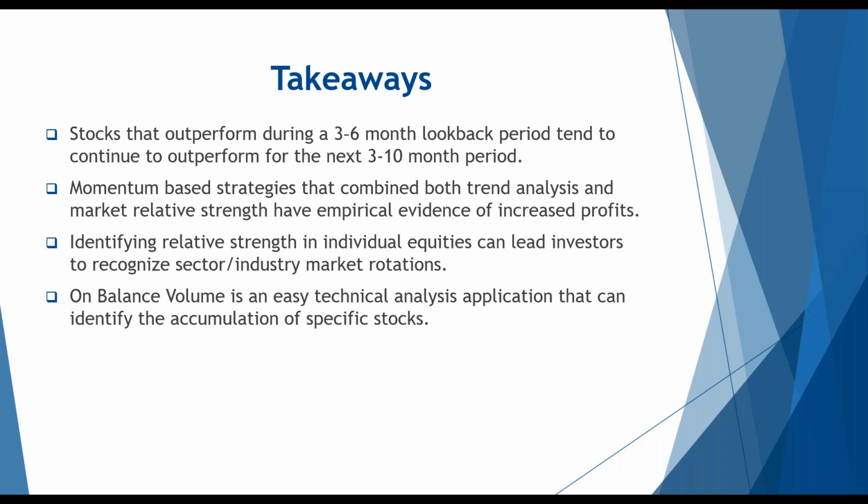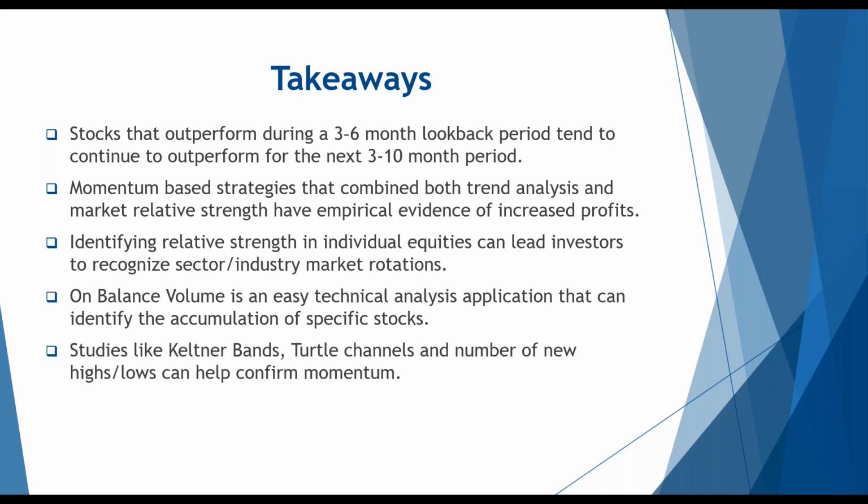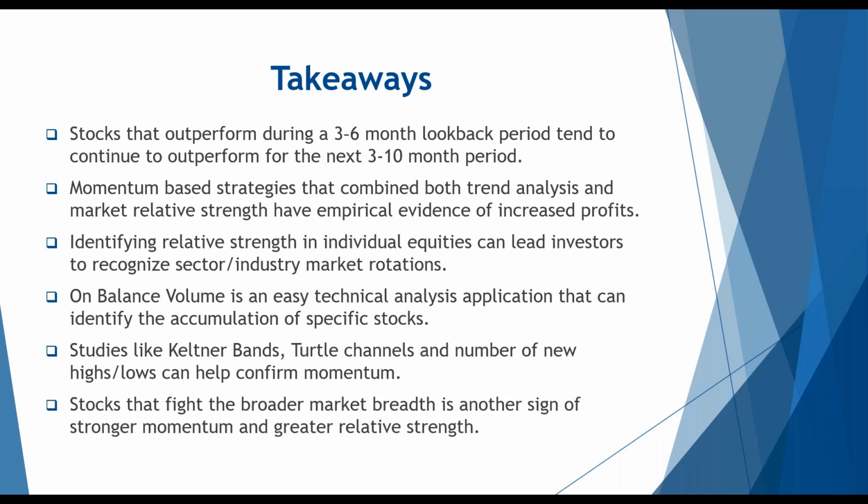We want to look for two things: trending in a positive direction and continuing to make new higher highs in the on-balance volume, as well as in the individual stock price. Keltner bands and turtle channels, a number of new highs, are a really good way to confirm that positive momentum. Again, this is the cluster of evidence we want to look for to give us permission to buy higher highs.